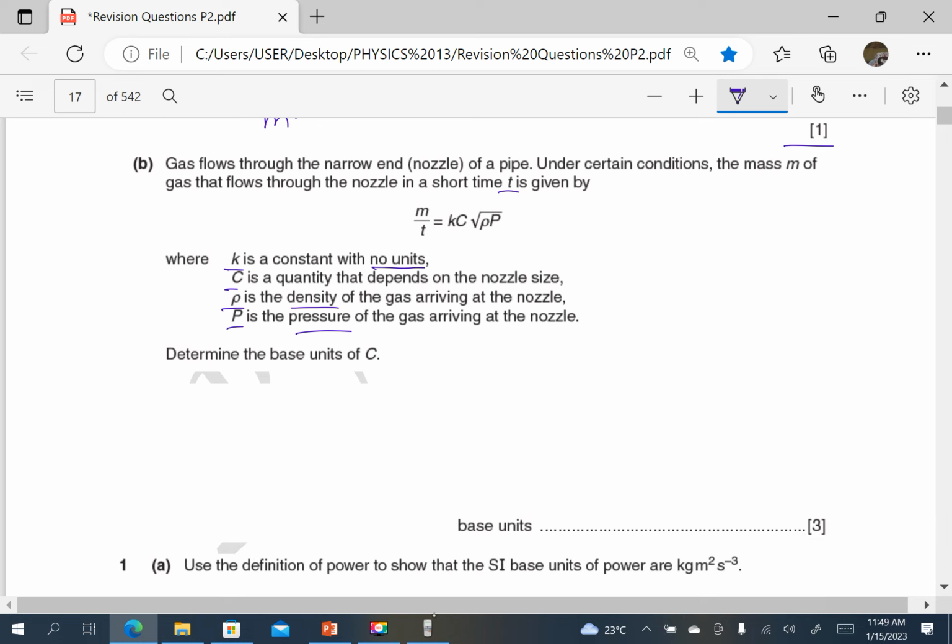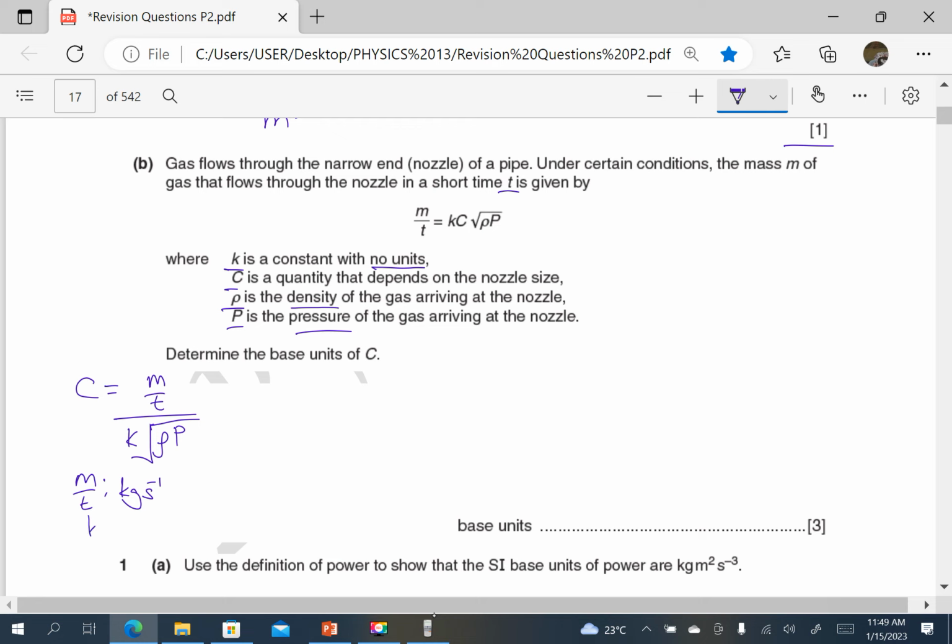So we make C the subject. I will see that C is equal to m over t divided by K square root of rho times P. So m over t, that is mass per unit time, has units as mass is kilograms over seconds, that is per second.